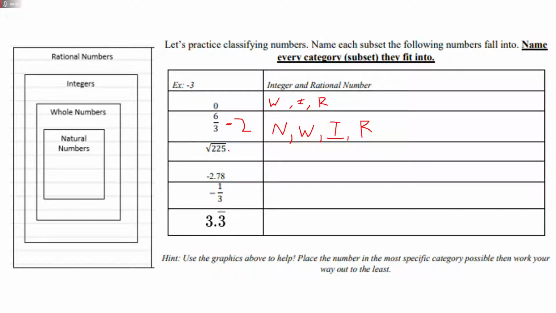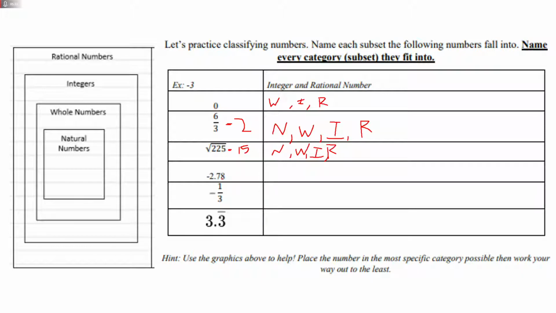Same thing with the square root of 225. The square root of 225 is actually 15. Because it's 15, it's going to be a natural number, and because it's natural, it's going to be everything else. Some of these are only going to have one category. This is not a natural number. It's not a whole number either.